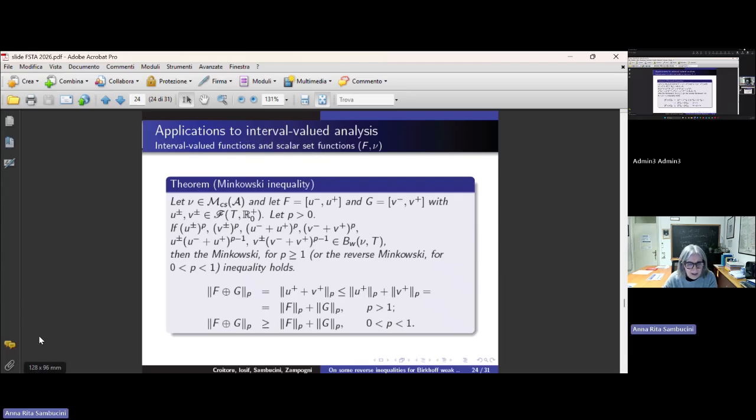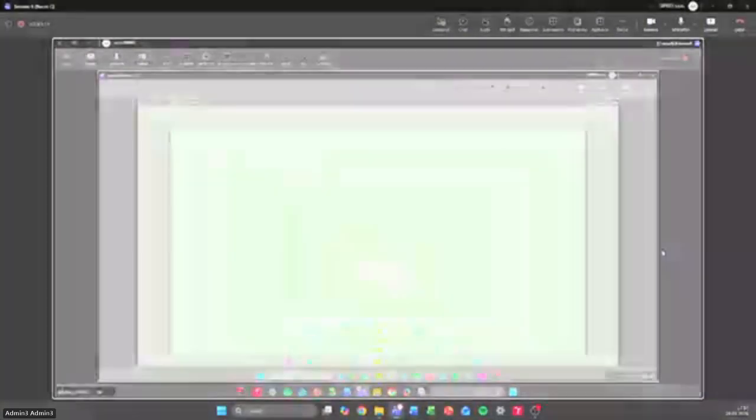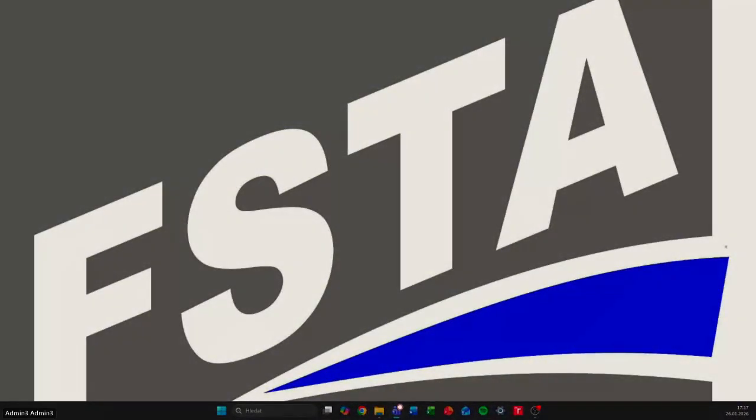So the Minkowski inequality, sorry, there is a mistake.